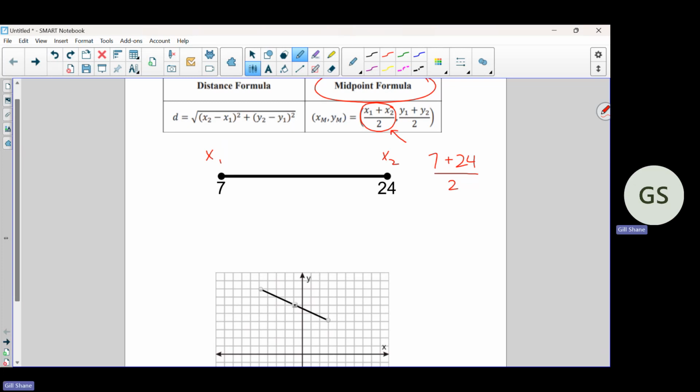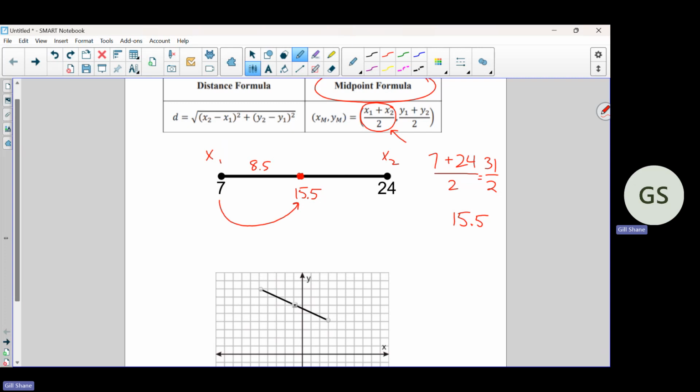So I'm just getting that straight from here. I do the math on that, and I get 31 over 2, or if you simplify that, 15.5. Just as a quick review, if it's truly the midpoint, then it should create 2 equal line segments. So let's just check and make sure. That would be 8.5, because going from 7 to 15.5 would be a length of 8.5.